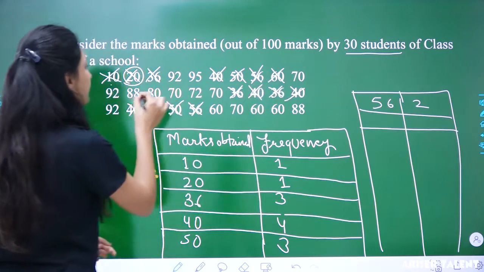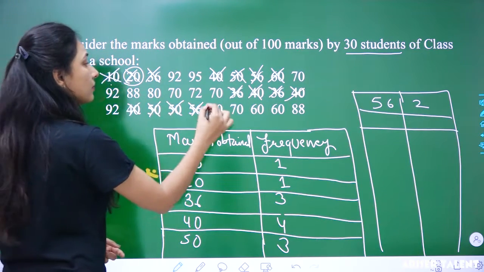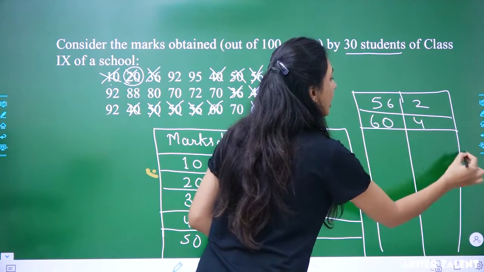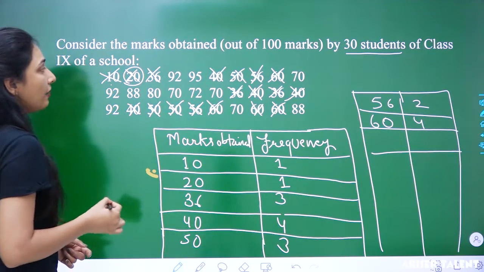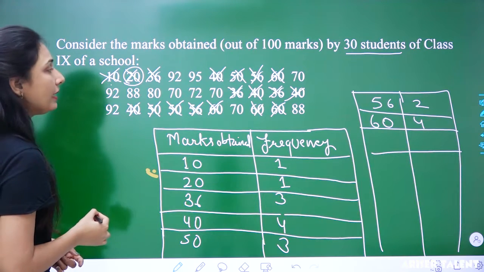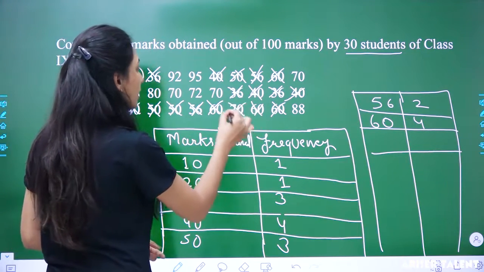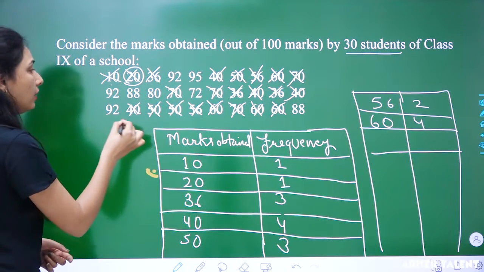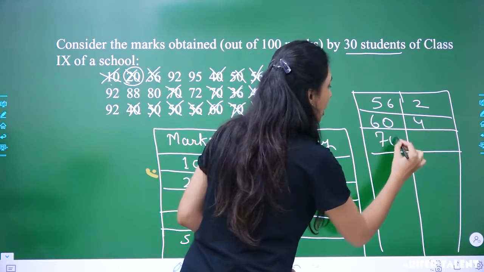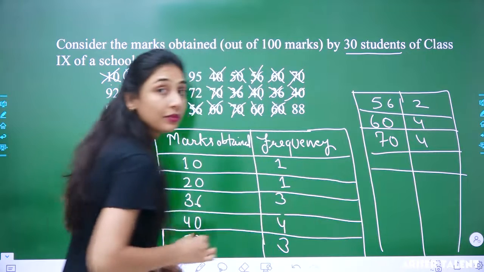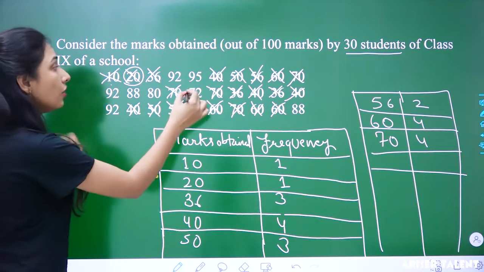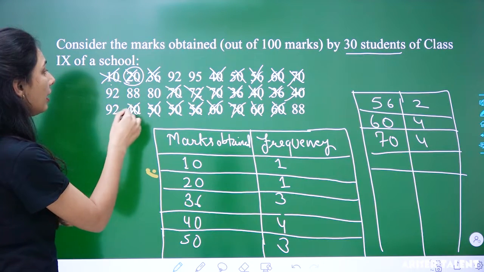So 1 time, 2, 3, 4. 4 times 60. And then we'll be having 70. So 1, 2, 3, 4. So 70, how many times? 4 times, right? Then we're getting 72, of course. So 1 and only 1.